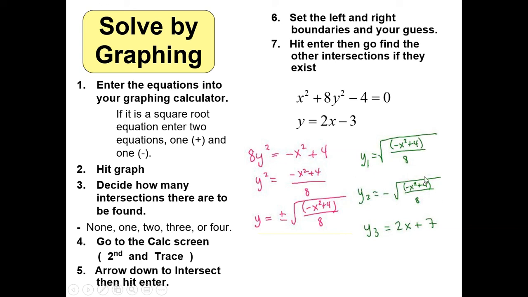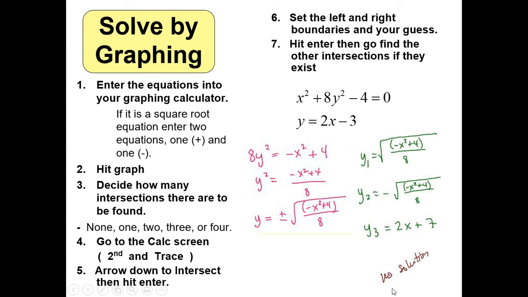Now, if I plug all three of these into my calculator, make sure my window is such that I can see all three equations, and I would see that there is no intersection between these, so it would turn out to be no solution. So I don't need to do steps 4, 5, 6, and 7 here. Other problems we definitely would have intersections and would have to do 4, 5, 6, and 7.